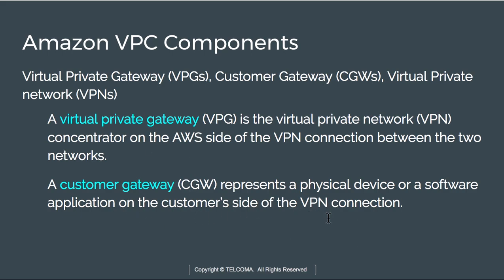A customer gateway represents a physical device or a software application on the customer side. After these two elements have been created, the last step is to create a VPN tunnel. The VPN tunnel is established after traffic is generated from the customer side.